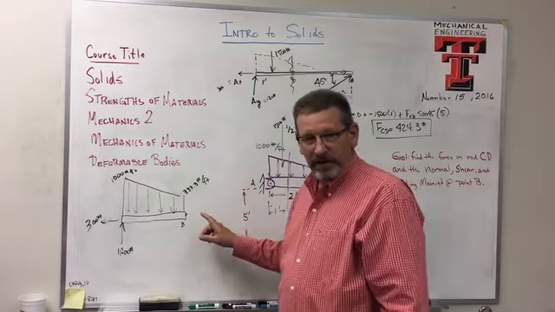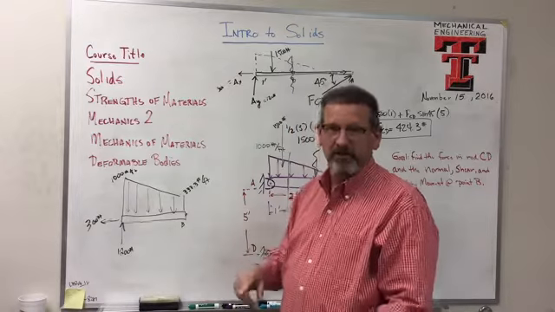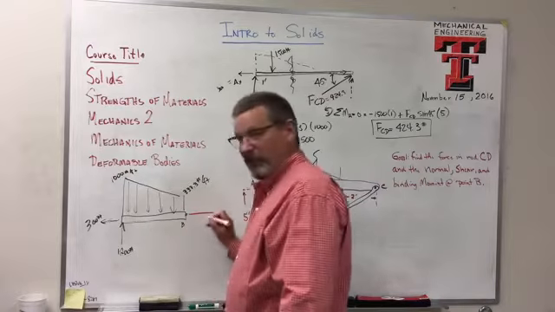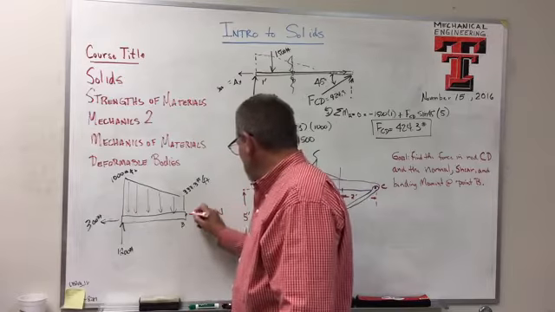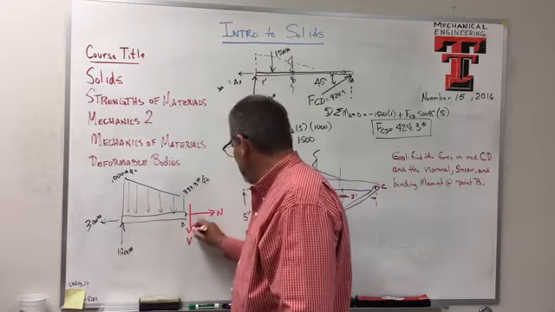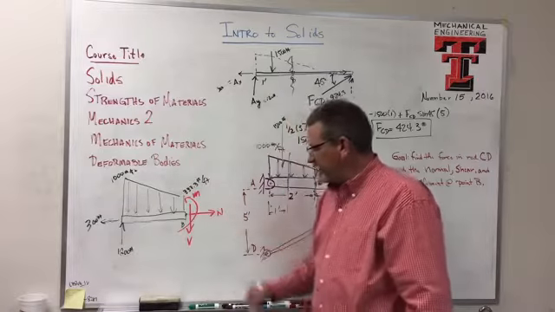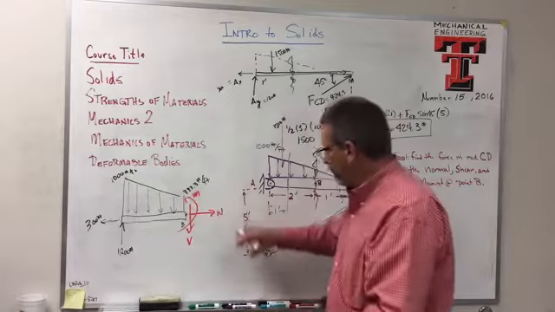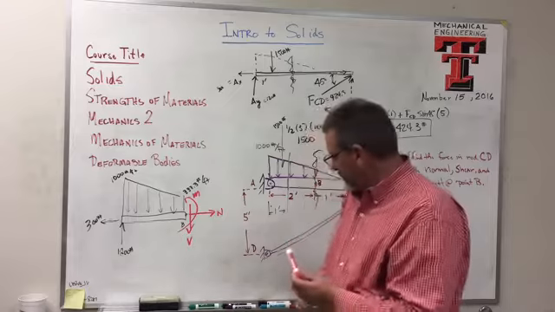Remember, every time you cut the beam, you must have a MNV. Okay, so here you go. If you can't remember that, we got trouble, right? Here's your N, here's your V, and there is your M. Remember, this is the positive sign convention when I draw the left side of the beam. If I drew the right side of the beam, all these forces would be opposite direction, okay?